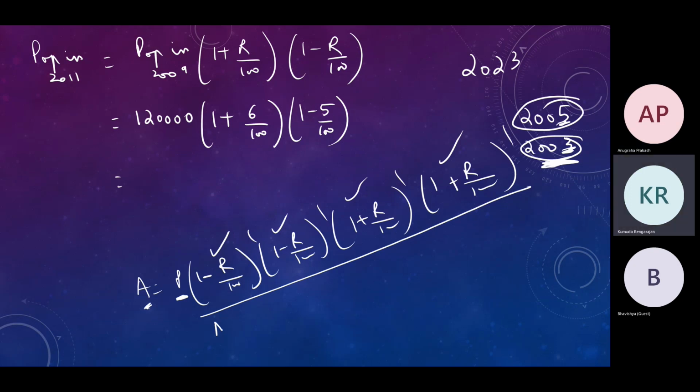Okay, please complete this. Tell me the final answer. Ma'am, completed. What's the answer, Bhavishya? Ma'am, 1007. Ma'am, 1 minute, I haven't multiplied here. Another 1 minute.